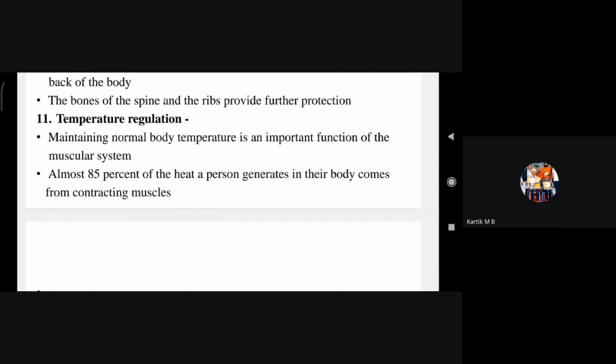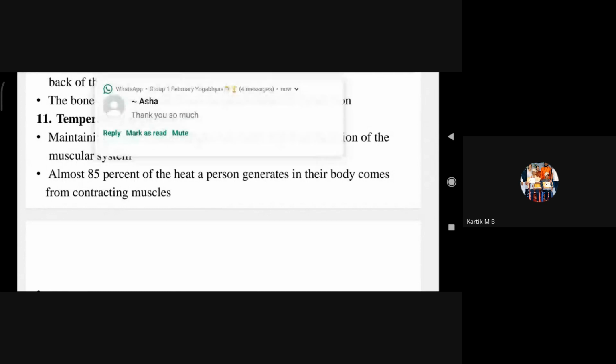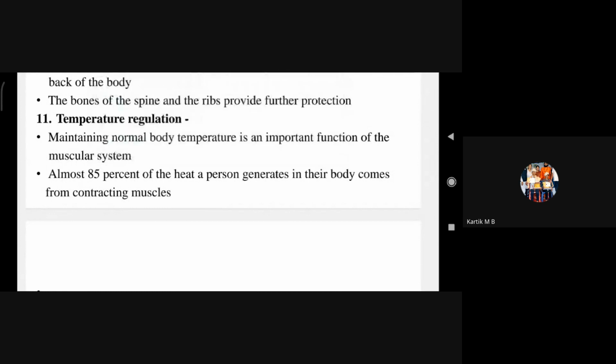Almost 85% of the heat a person generates in their body comes from contracting muscles.